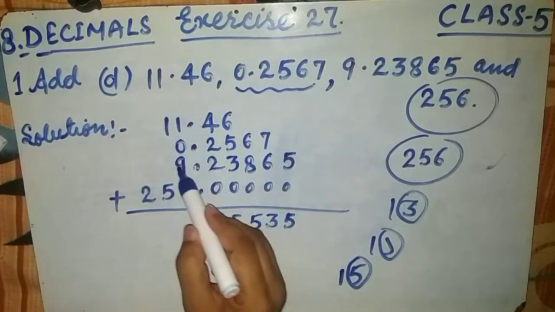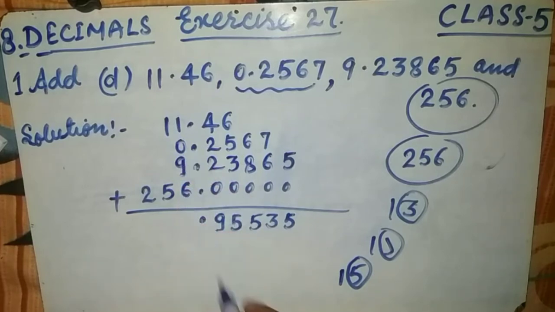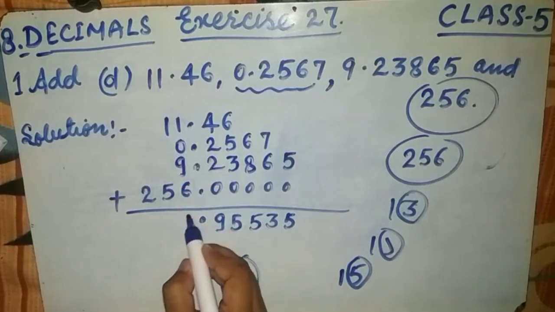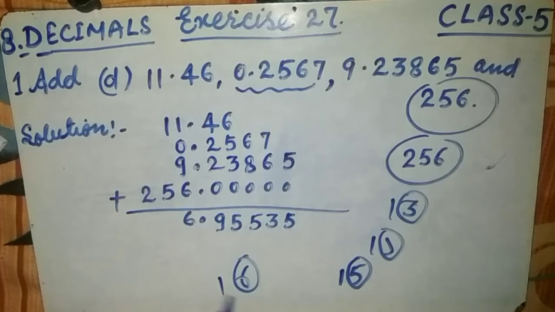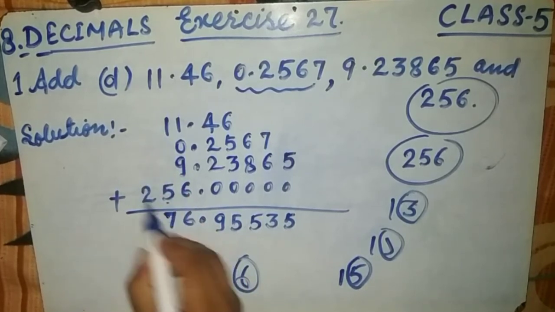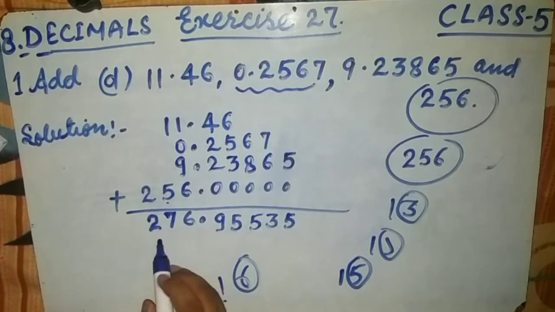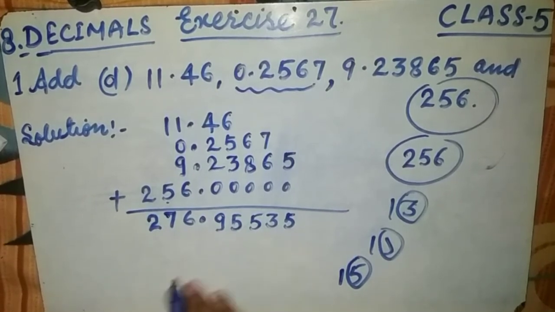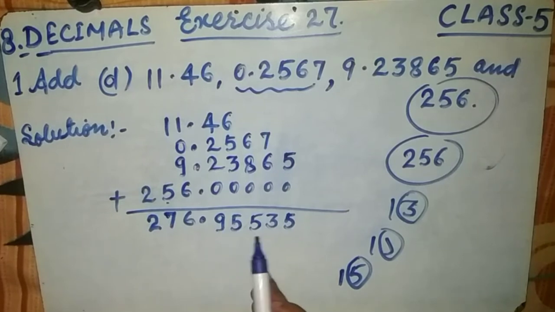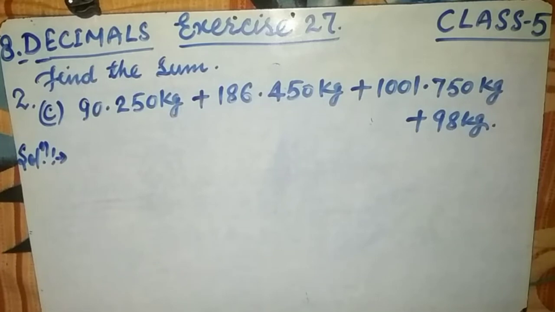Now add 9 plus 1 is 10, plus 6 is 16, 6 is here and 1 is carried. 5 plus 1 is 6, plus 1 is 7 as it is. This is 2, so the answer is 276.95535.